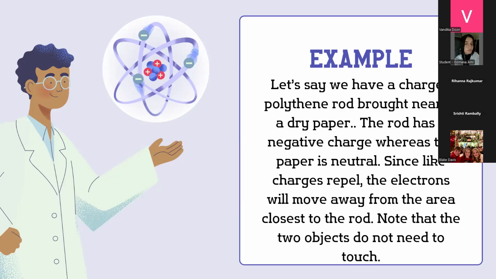And the positive charge of the paper in that region and the negative charge of the rod will cause them to be attracted to each other. And we have an attractive force there. And note again that the two objects do not need to touch for this to happen. So that's why it's a non contact force.